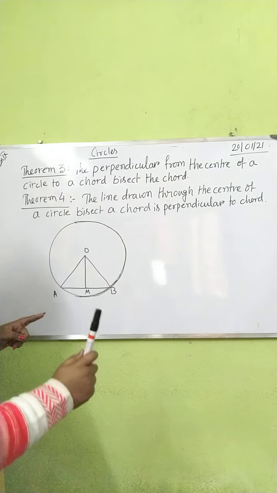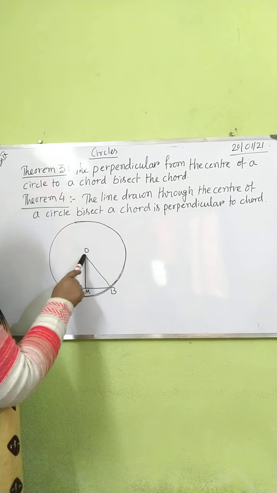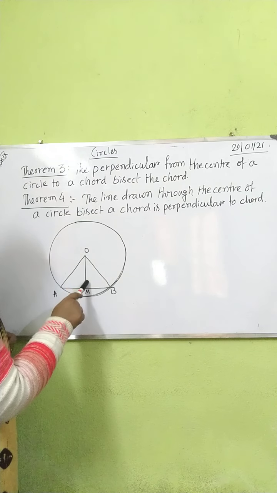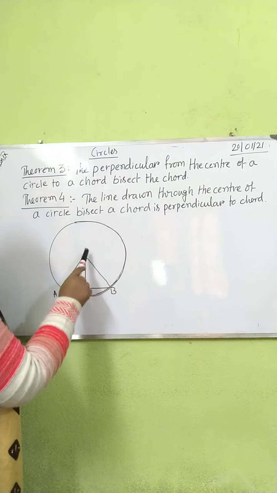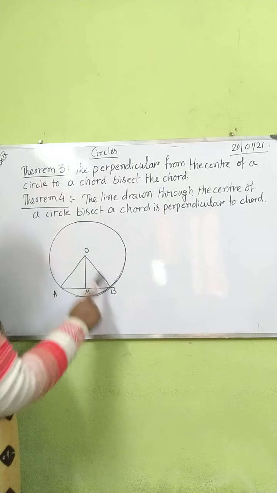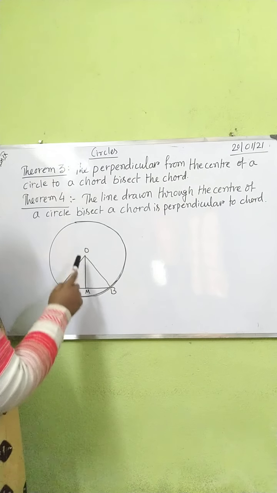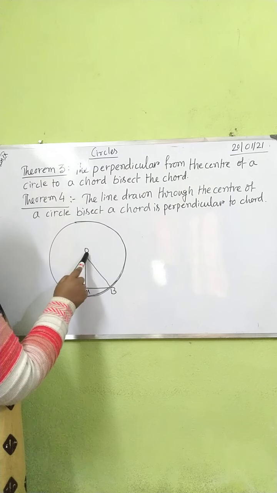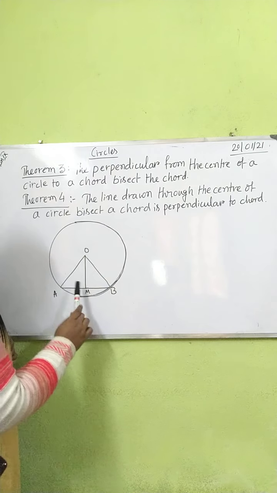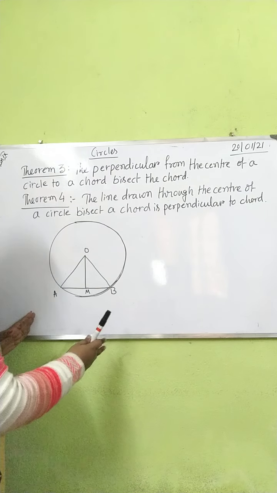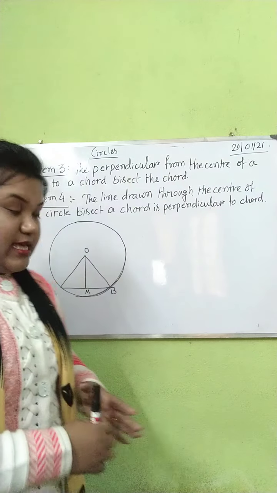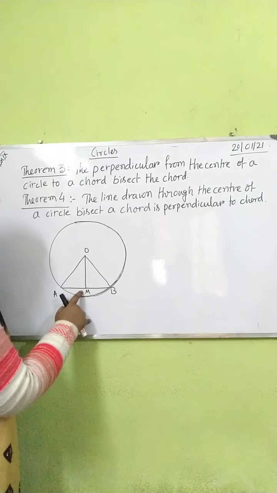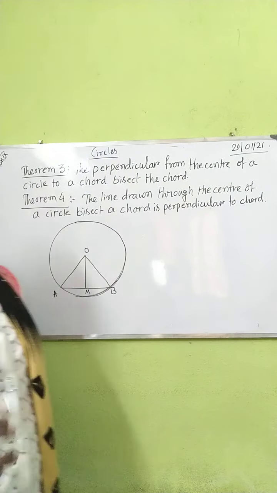Here the chord is AB, O is the center and OA, OB are radii. So if a perpendicular is drawn from the center to a chord, it bisects the chord. Bisect means cut in equal halves. That means the values of AM and MB will be equal.